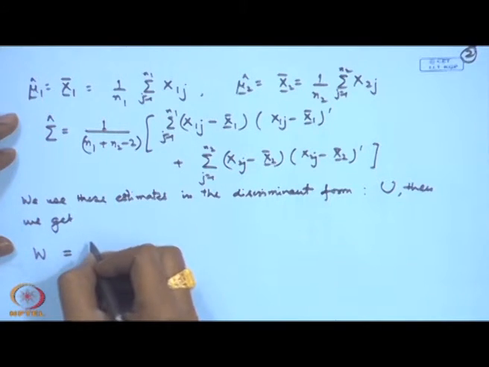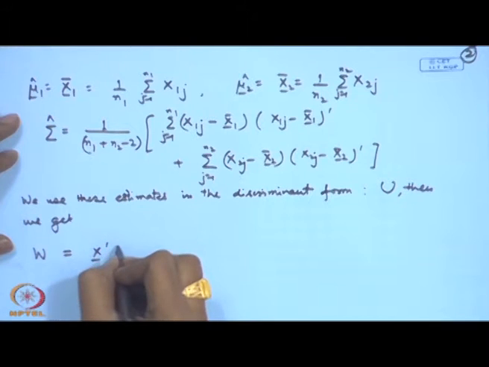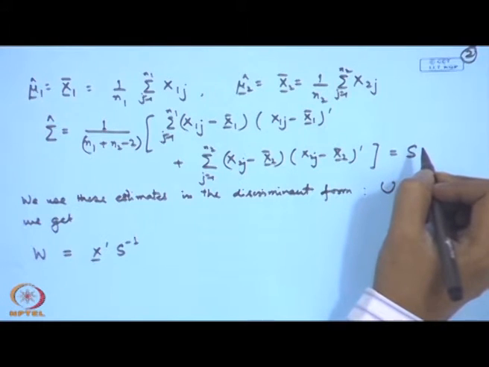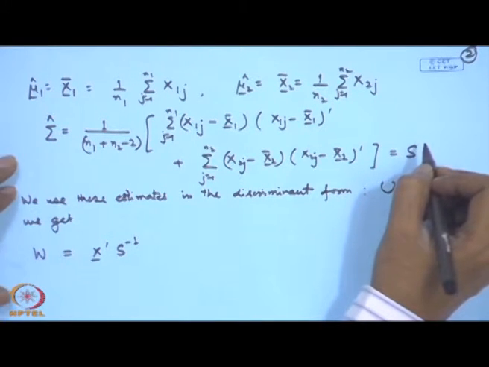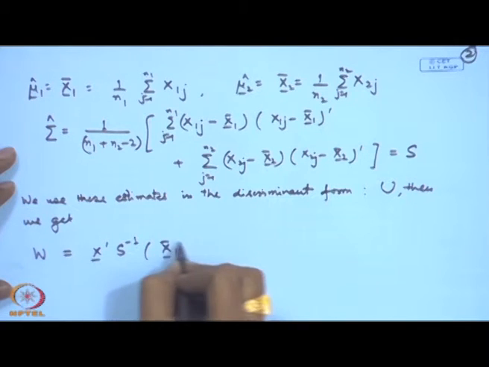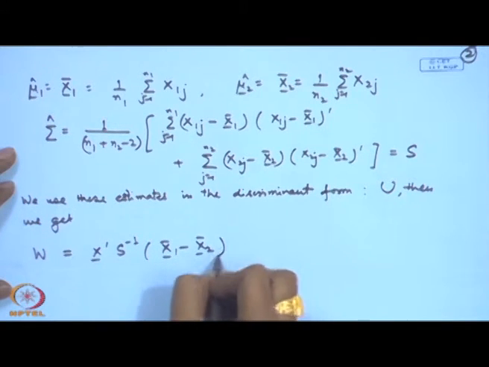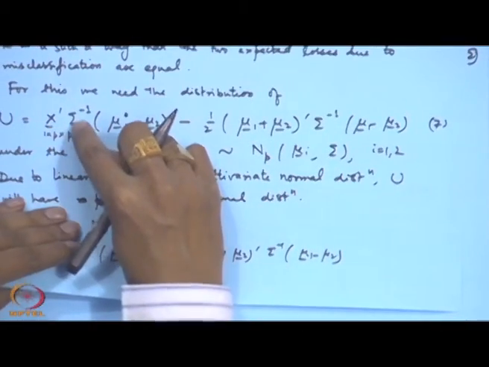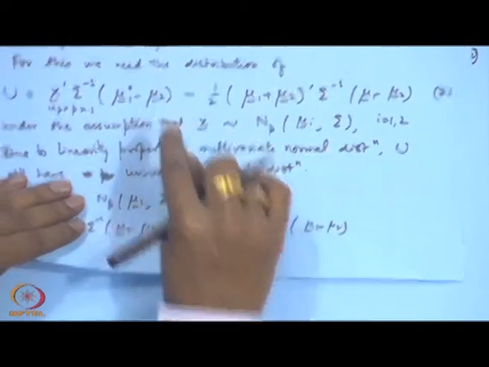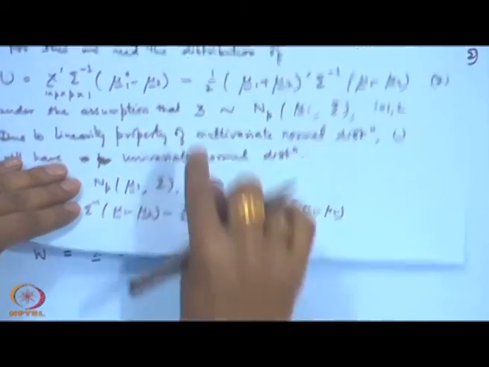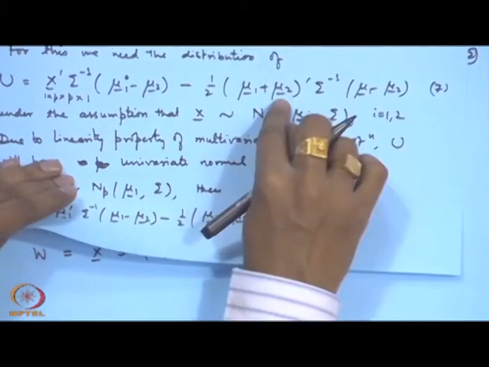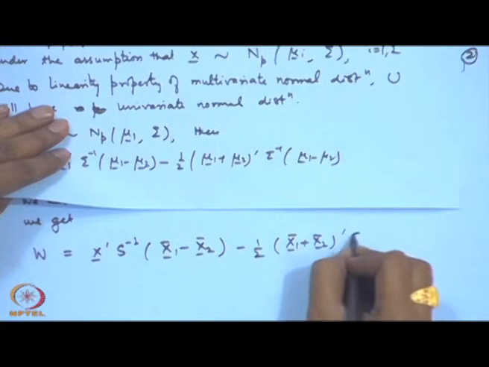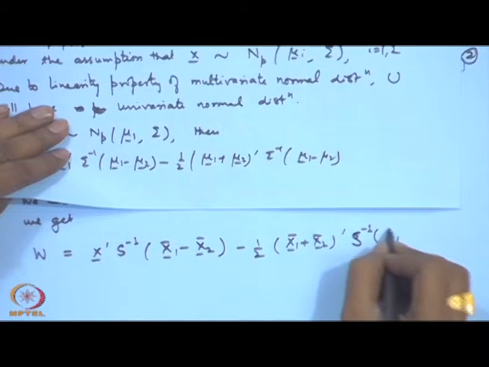So, w is equal to x prime S inverse, this term I call S, x 1 bar minus x 2 bar. You can actually match here term by term. X prime, this I am substituting S, then mu 1 minus mu 2 I am writing as x 1 bar minus x 2 bar, minus half, this is mu 1 plus mu 2. So, this will become (x 1 bar plus x 2 bar) prime and S inverse (x 1 bar minus x 2 bar).